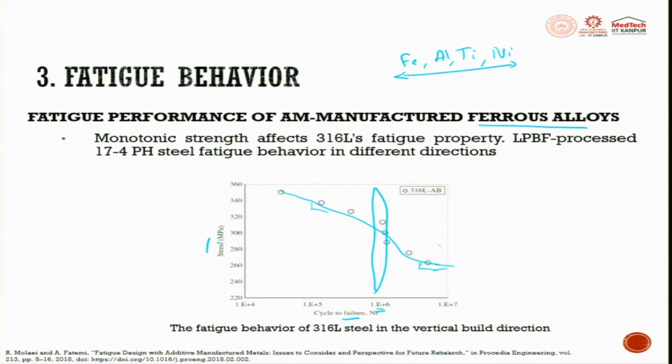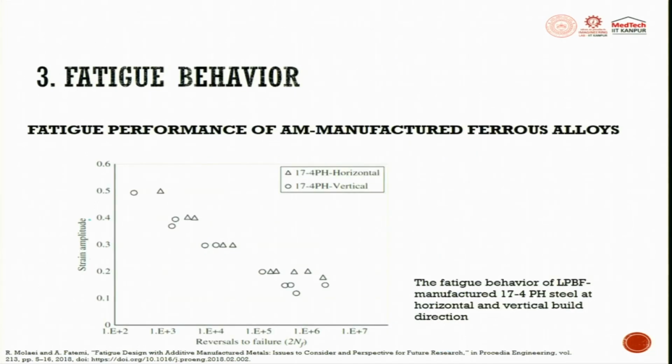The gradation change will be very low in terms of stress. So, when we try to look into the strain amplitude with respect to the reversals to failure, which is 2Nf, you can see here this is 17-4 PH horizontal direction, and these are vertical.